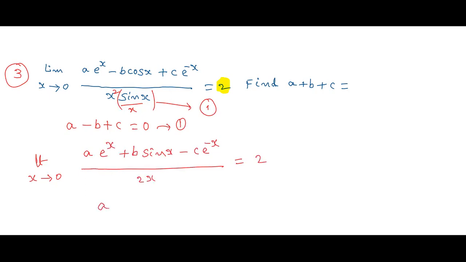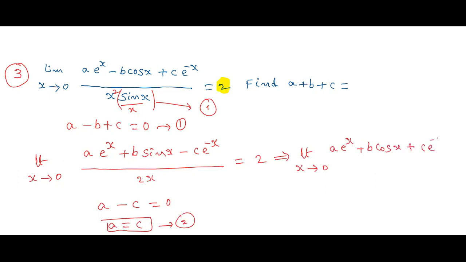So you will get a minus c equal to 0. That means a is equal to c. This is another condition, the second one. Again apply the L'Hospital rule. Then what happens? Limit x tends to 0, numerator we get a into e power x plus b into cos x plus c into e power minus x, divided by 2, that is equal to 2.